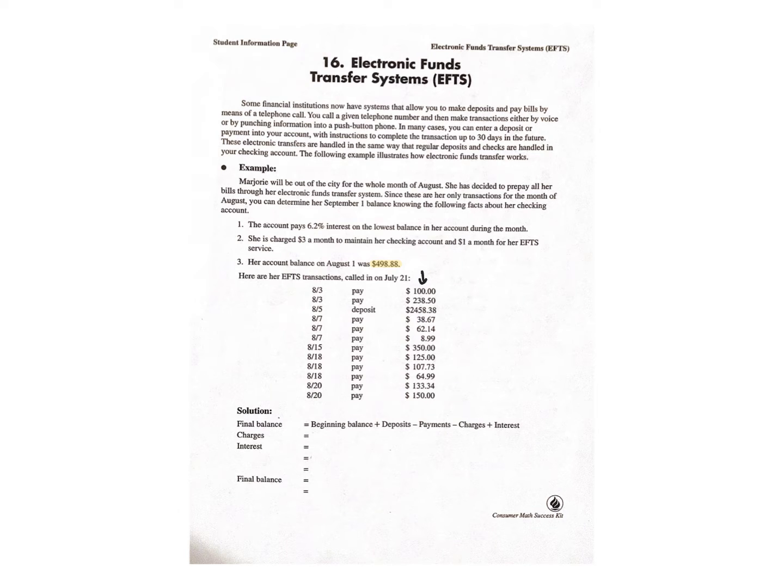So we're going to count that as subtracting. If we want to, we could think about this as $498.88. And then we're going to subtract 100. If we do that, we get $398.88. Then she made another payment. So minus $238.50 gives me $160.38.